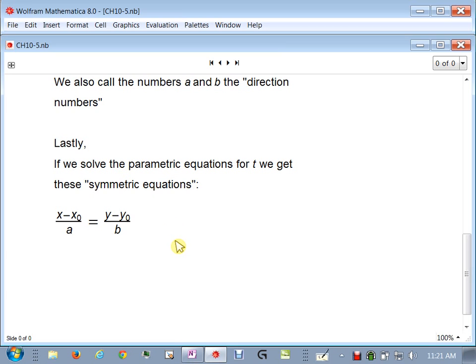You should be comfortable with all three. Notice that on the symmetric equations, the numbers on the bottom are the a and the b. That's always your direction vector. So if someone gives you the symmetric equation for a line, you could tell someone the direction of the line right away by just knowing those two numbers.